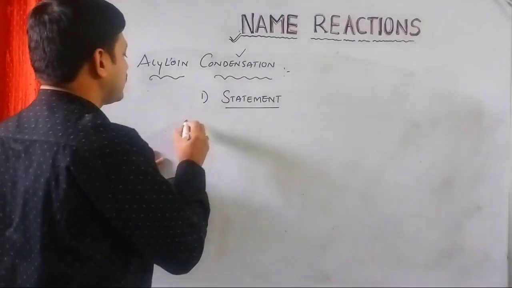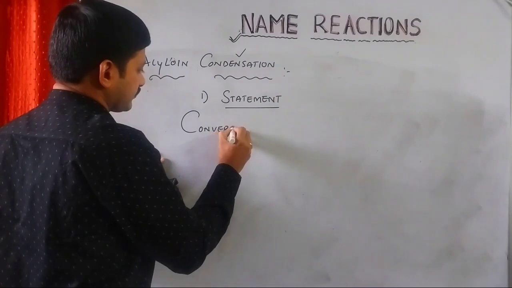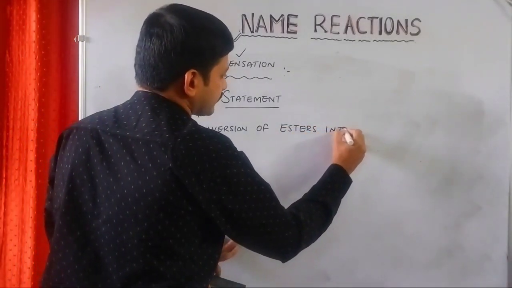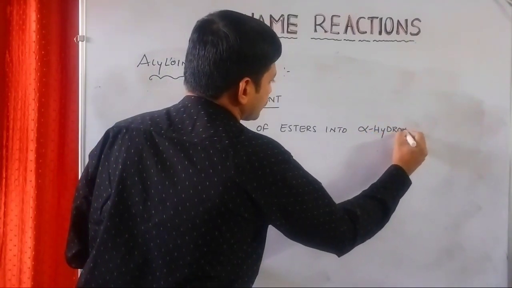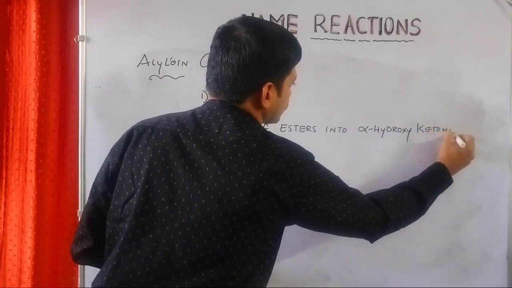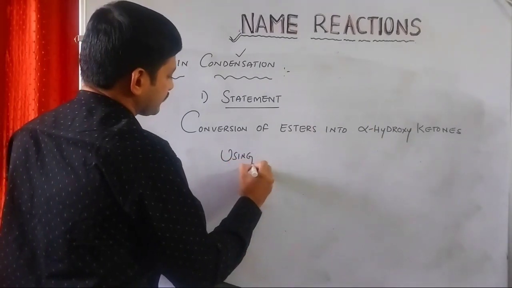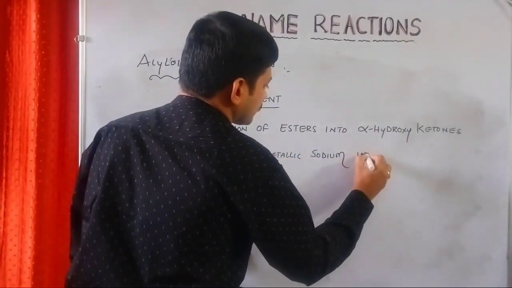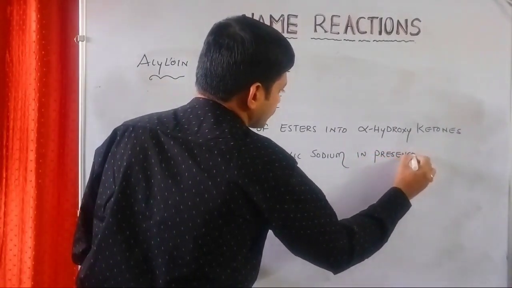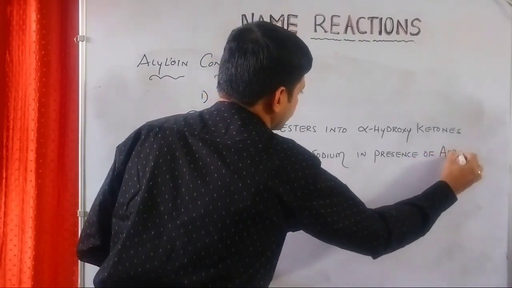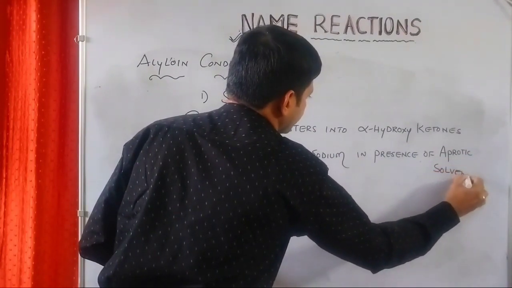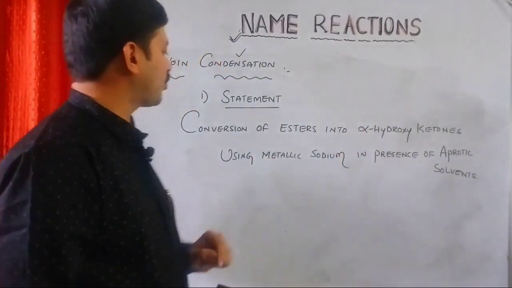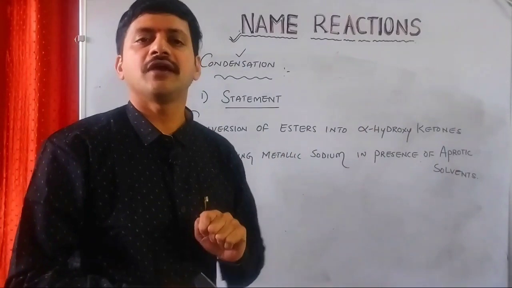If you see the statement of acyloin condensation, this is the statement of acyloin condensation: conversion of esters into alpha hydroxy ketones using metallic sodium in presence of aprotic solvents.